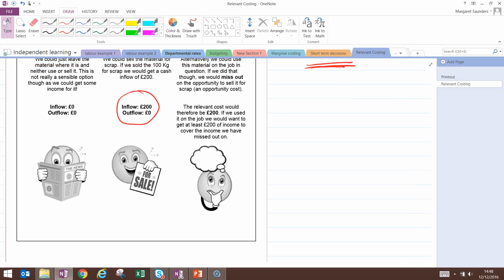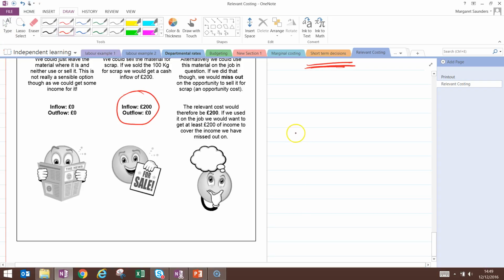So that briefly explains relevant costs. If you bear in mind any question that you're looking at, think about those characteristics of a relevant cost. Is it a future cost? Is it a cash flow? Is it incremental?